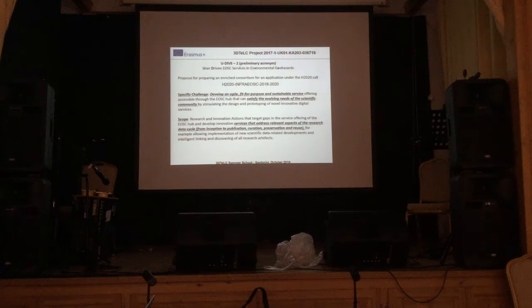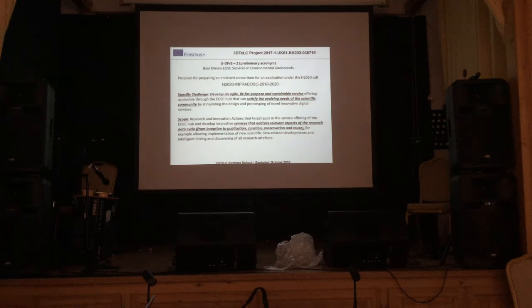Okay, and the particular call that we will try to apply to in the next months is the InfraEOSC H2020 project call, which is to develop agile, fit for purpose and sustainable services that pay attention to the underlying part that satisfies the evolving needs of the scientific community.